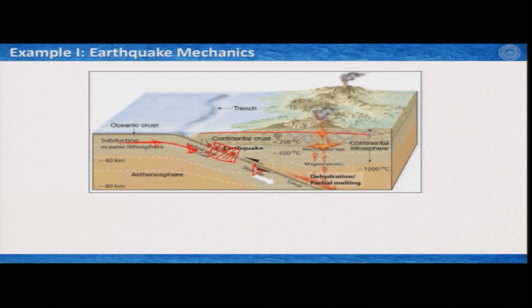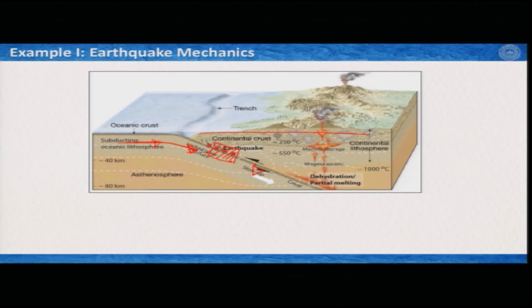Now, at one point of time when you have accumulated this elastic strain, it releases very suddenly in a very similar way to what we have seen in our friction block, right. So, you overcome the yield stress and then it starts moving instantaneously. So, when this elastic strain is released, it is released in the form of a catastrophic or co-seismic event, and therefore, we have an earthquake.